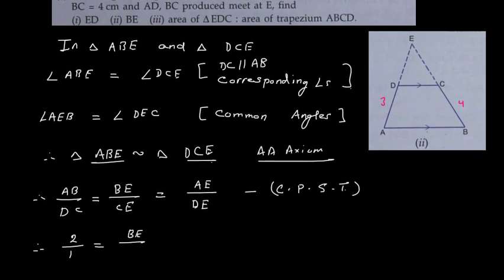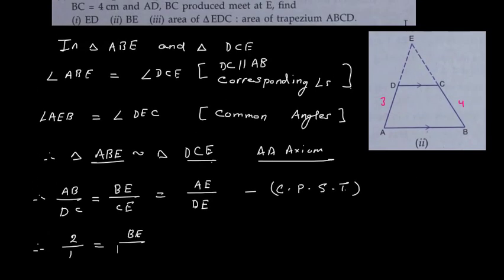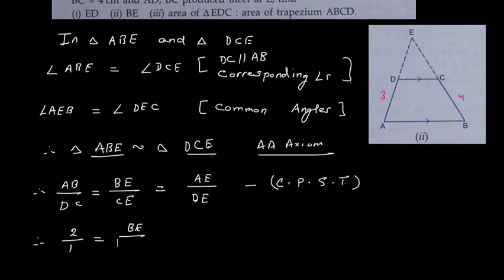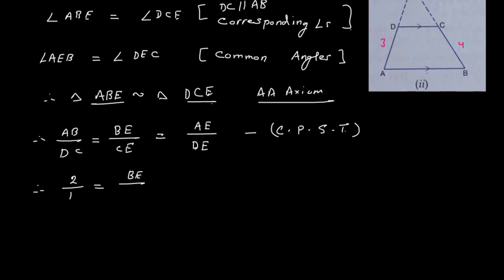So BE divided by CE is equal to AE divided by this DE. So this I will say is equation 1.